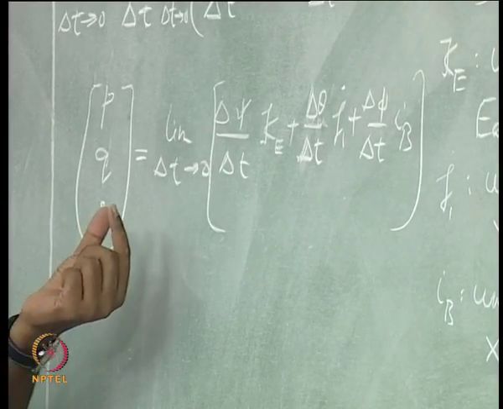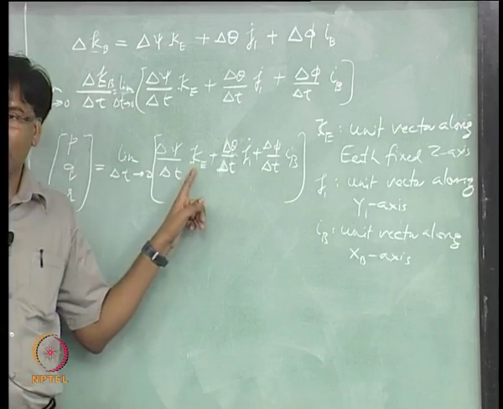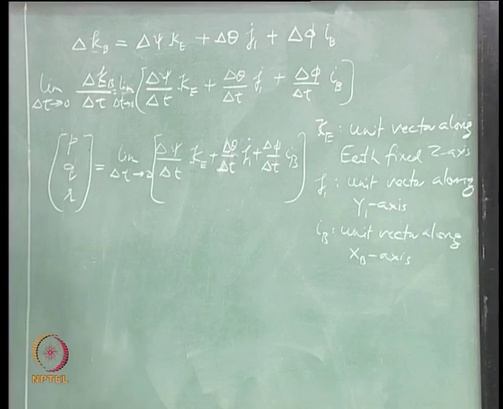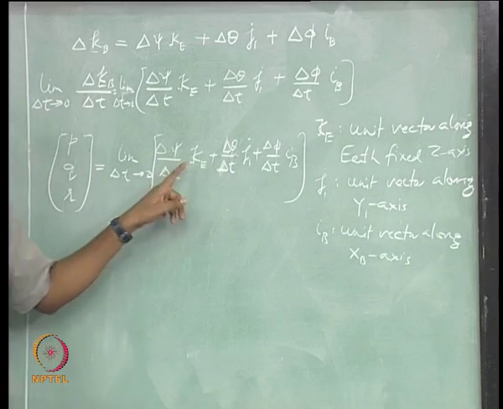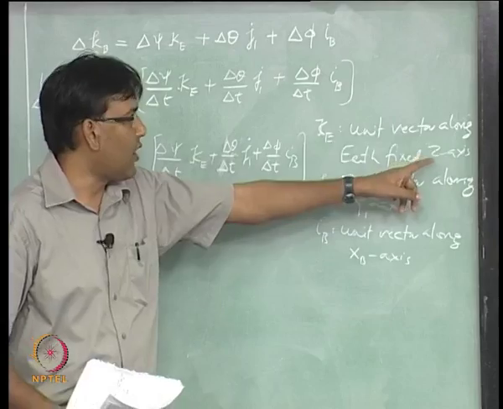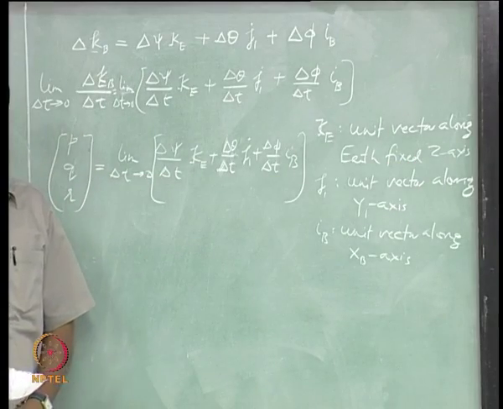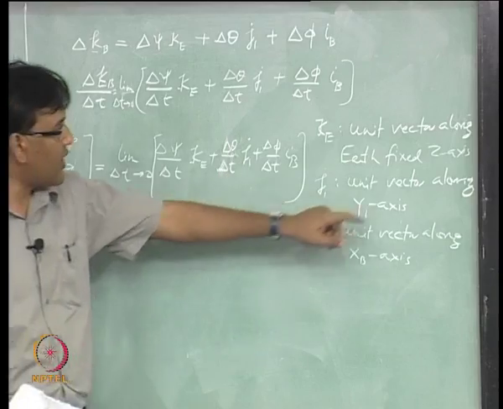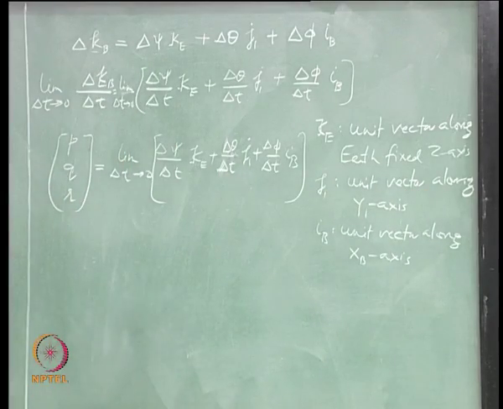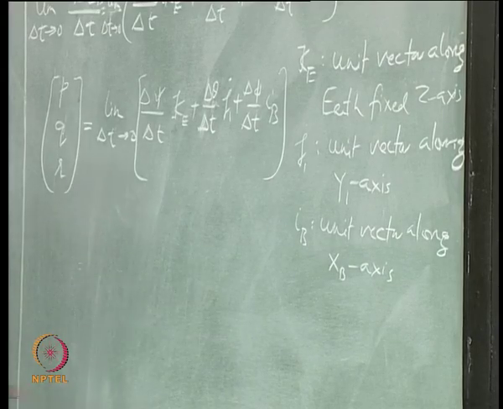One thing you have to remember is that these unit vectors are not along any one fixed axis system, right. There are three different axis systems. This K is the unit vector along earth fixed z axis, right. J1 is unit vector along y1 axis, which you obtain after the first rotation, right.